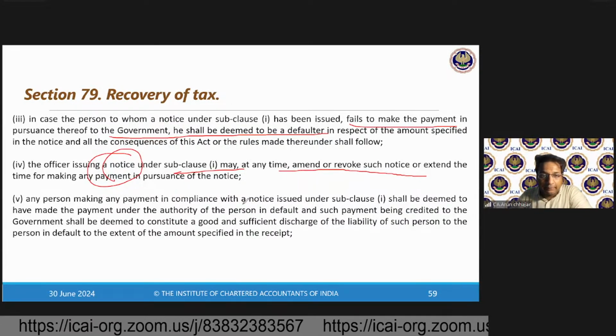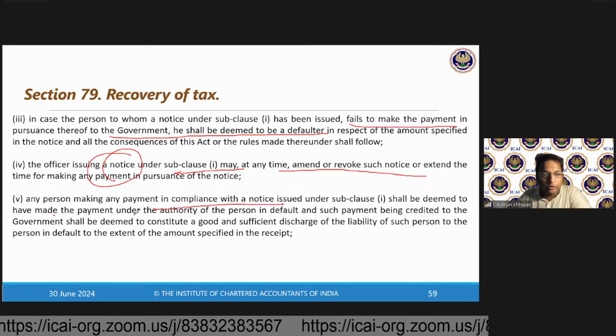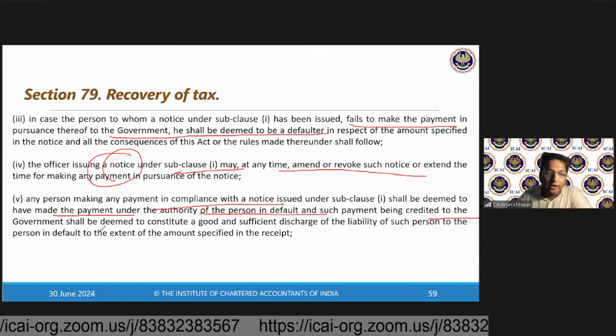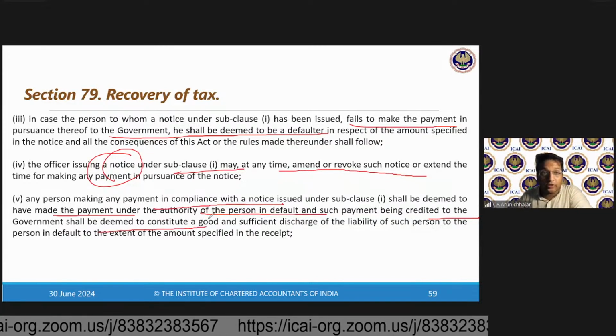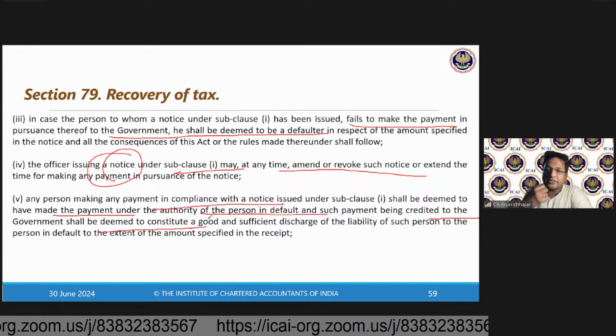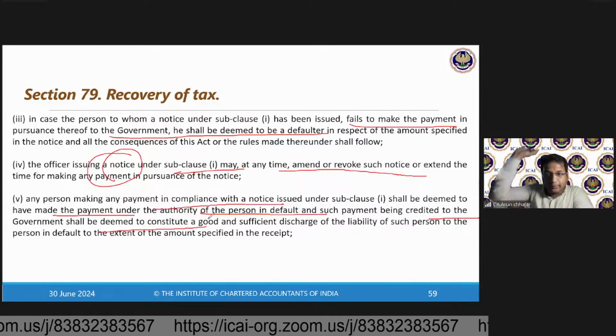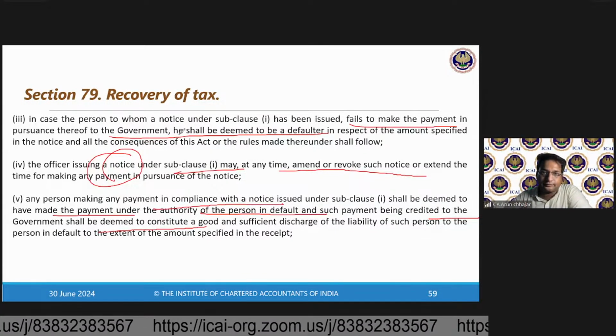They are saying a person making the payment in compliance with the notice issued shall be deemed to have made it under the authority of the person in default, and such payment shall be credited to the government and shall be deemed to constitute good discharge. So now if the tenant has deposited the amount to the government, it will be considered that Mr. A has deposited the amount.